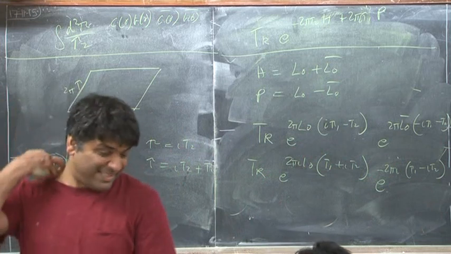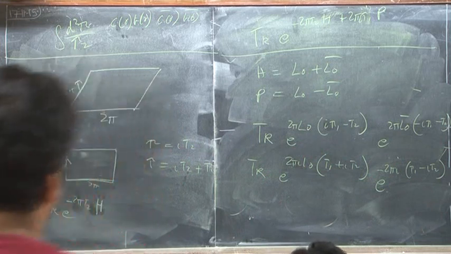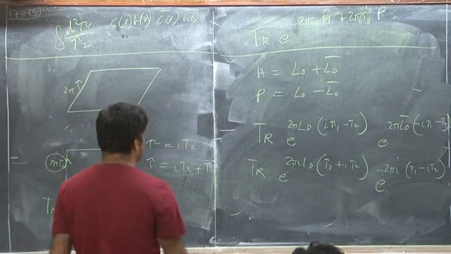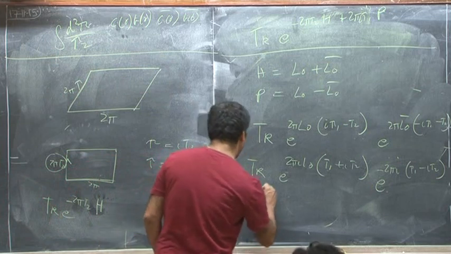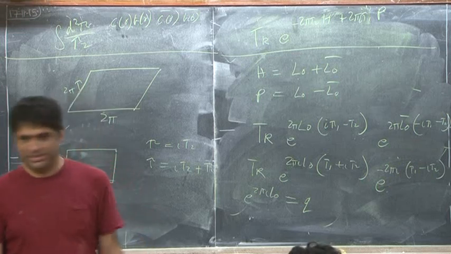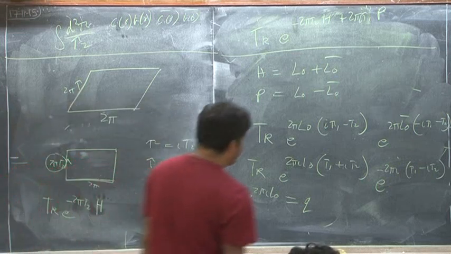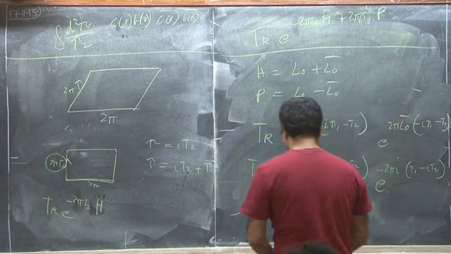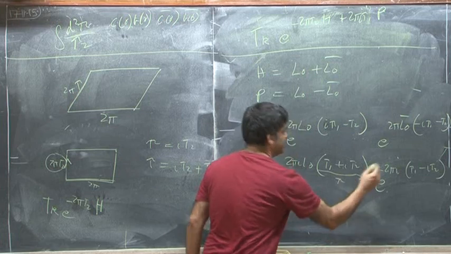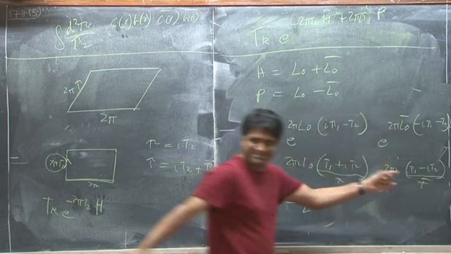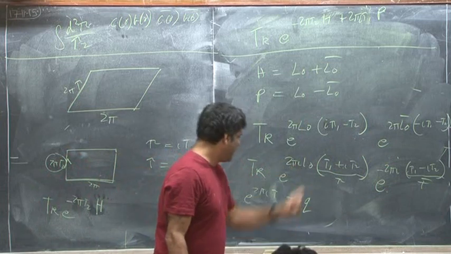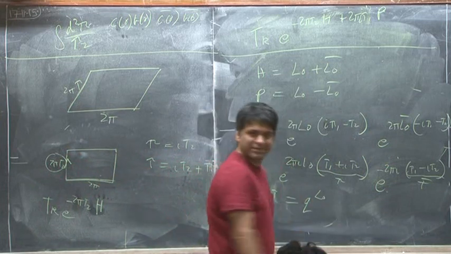Because these factors of e to the power 2 pi i L0 appear so often, they're given a name. E to the power 2 pi i tau L0 is called q. So this is q to the power L0.